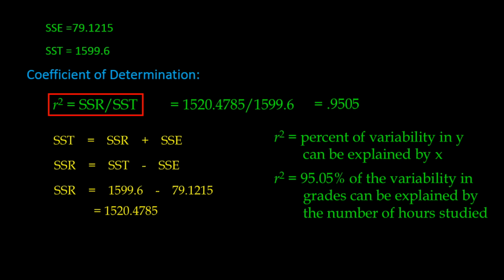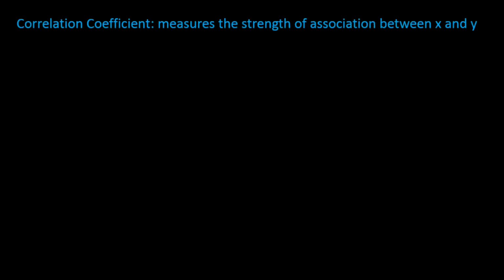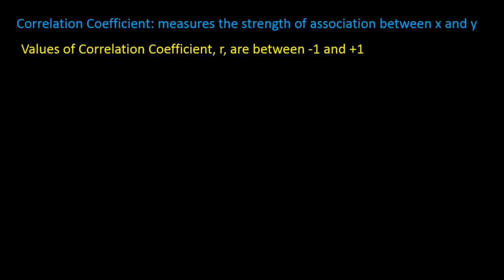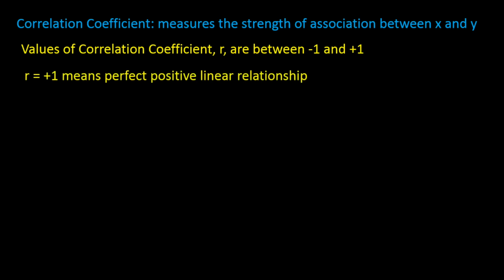One more measure of how well the line fits the data needs to be discussed, and that is the correlation coefficient. This measures the strength of association between x and y. The correlation coefficient is called r, and its values are from -1 to +1. A value of +1 means that there is a perfect positive linear relationship between x and y. So that means that all the data points from the sample lie exactly on the line of regression with no deviation, and that the line slopes upward.